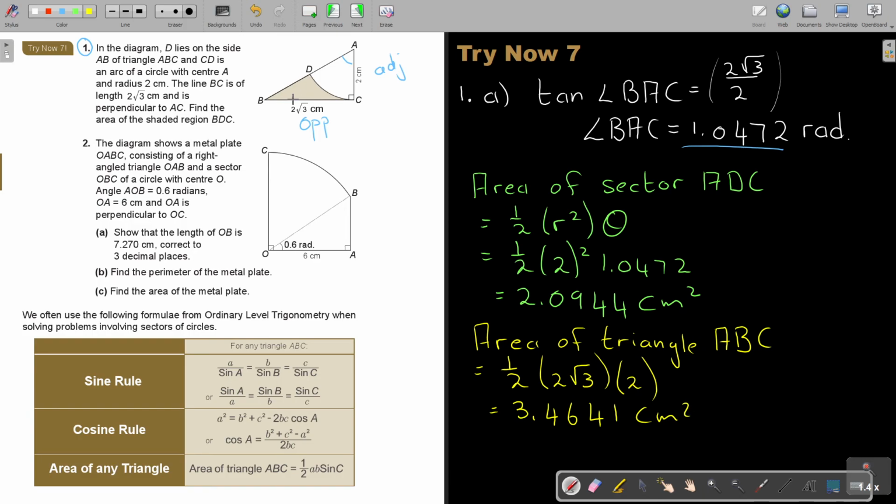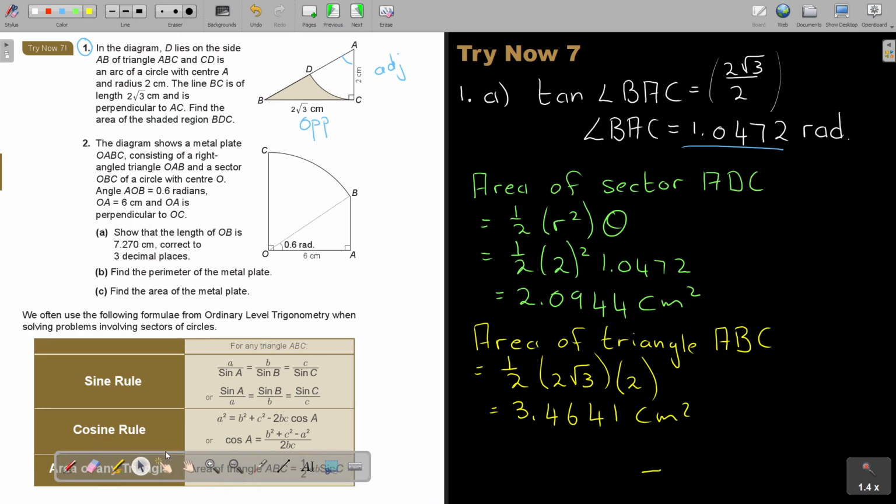And now to find that shaded, so I just want to move this. So, therefore, shaded area, I will just subtract. I will take the triangle, so the 3.4641, and I will subtract the 2.0944.